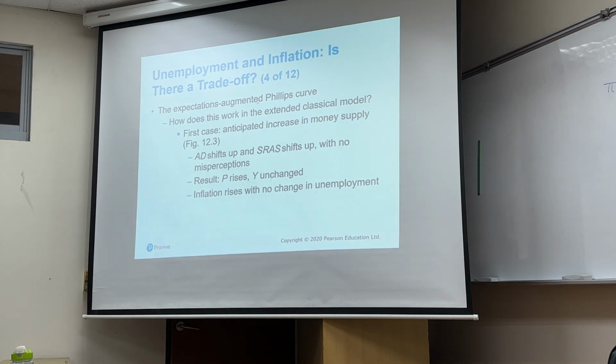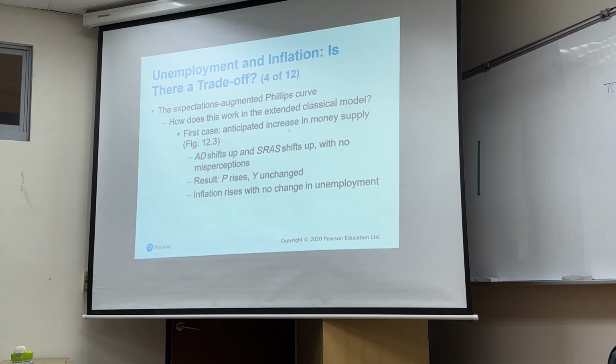Okay, so let us see what's going on here. When we have this expectations augmented Phillips curve, how does it work? The same thing happened when we mentioned a few minutes ago the situation of the economy and money supply. Say there is an anticipated increase in money supply, and what is going to happen?